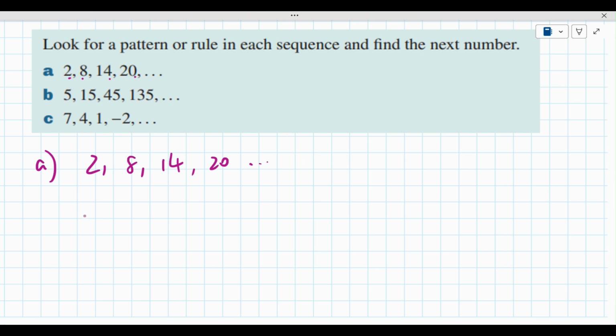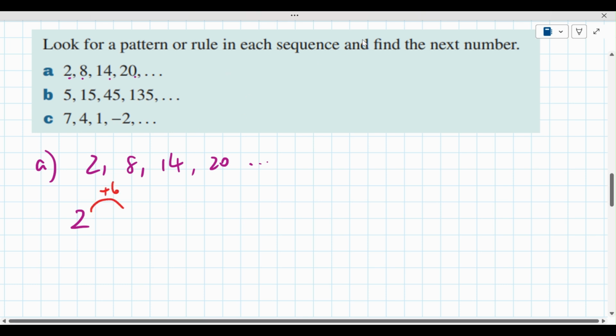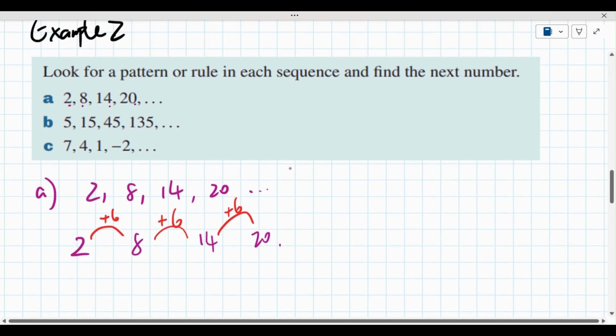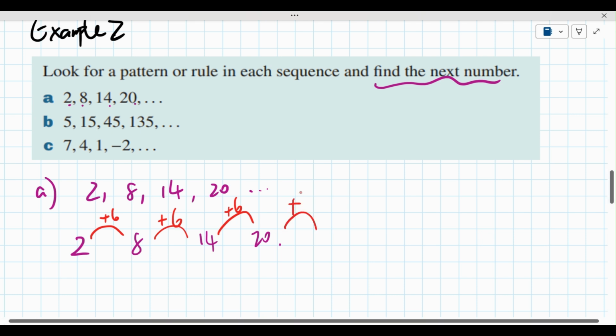So 2 plus 6 becomes 8, plus 6 equals 14, plus 6 equals 20. We're adding 6 for each new term. So what's the next number? We're going plus 6 again, so 26 is the next number.